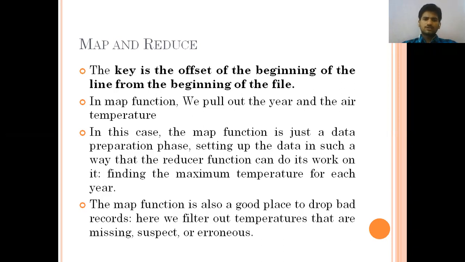So we filter out records where the temperature is missing. The missing, suspected and erroneous data we are not going to consider any more. If we considered it, it would again be a conflict, and we would have a dilemma about what it is.